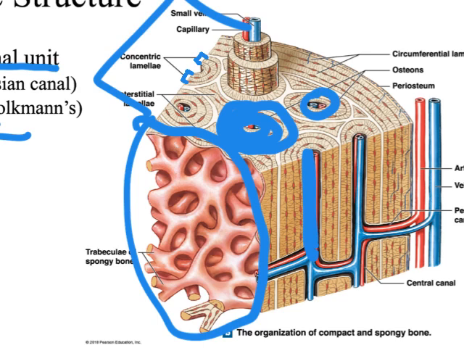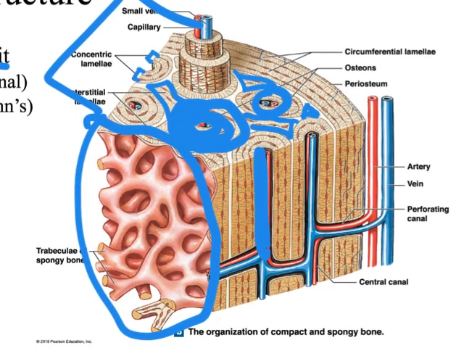That's the lamellae in between the osteons. So this would be interstitial, for example. This would be interstitial. This would be interstitial. And then you've got lamellae going all around the outside of the bone, and that's the circumferential lamellae you can see here. So that's all of this going all the way around the bone.